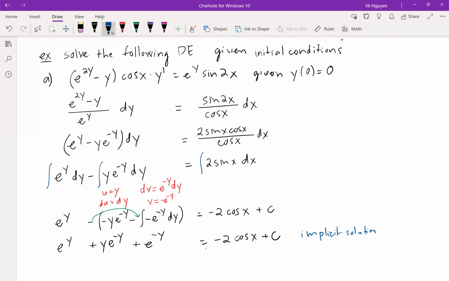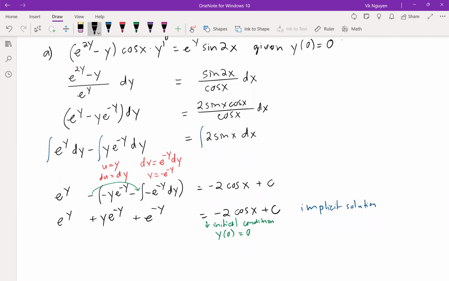Well, now we're going to use the given initial condition to solve for c. Y of 0 equal to 0. Use it, and we have e^0 plus 0 e^(negative 0) plus e^(negative 0) equal negative 2 cosine of 0 plus c. Well, we have 1 plus 1 is 2, and then this minus 2.